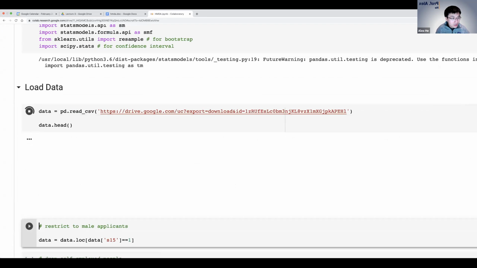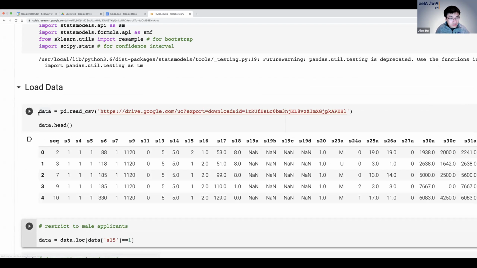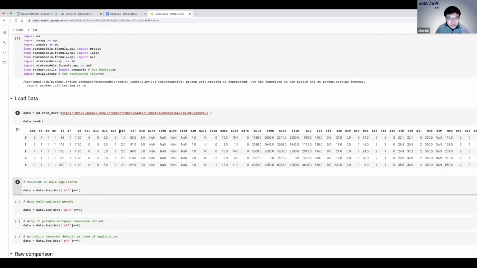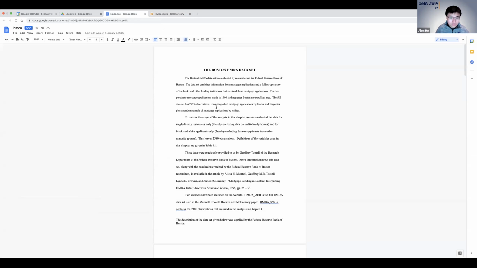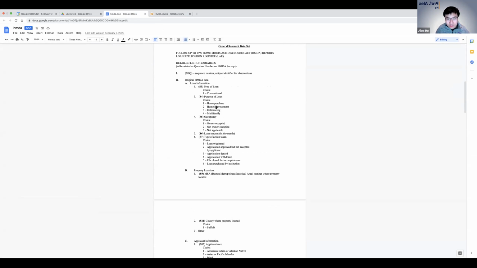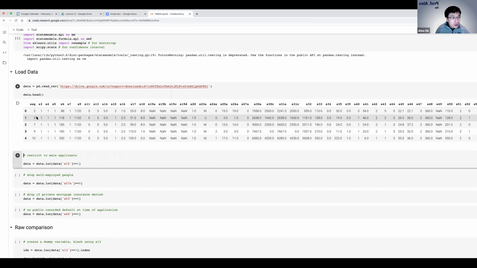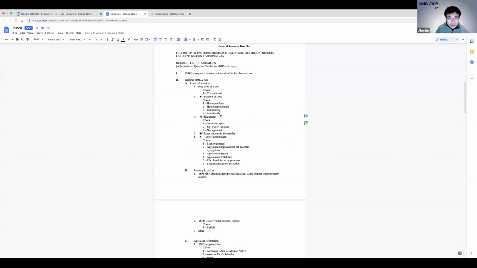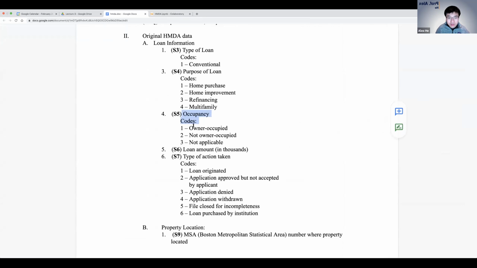And then we load in the data. So the data is a CSV file. And for these variables, they don't actually have the variable names. It's all a bunch of codes. So you have to sort of go back to this document and see what each of these variables mean. For example, S5 here is occupancy, and then it tells you what each of these values mean.